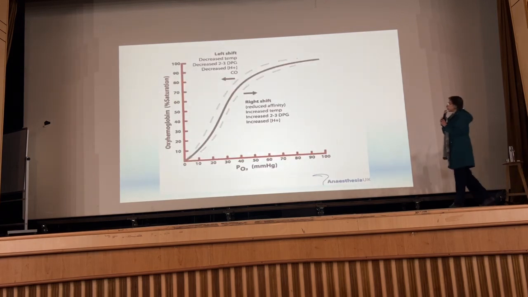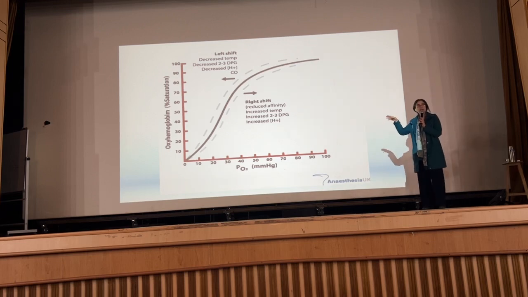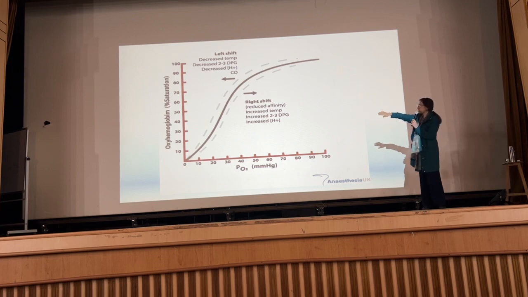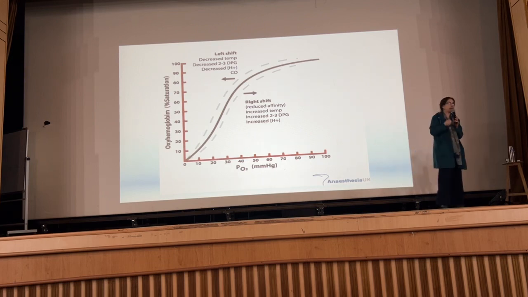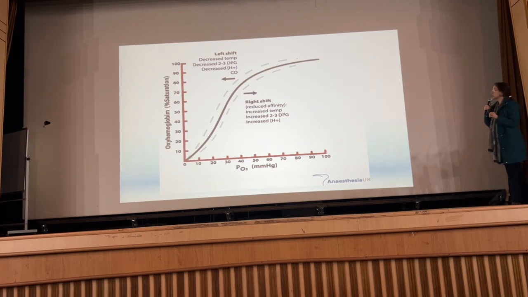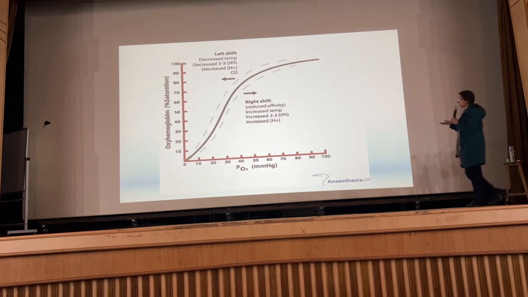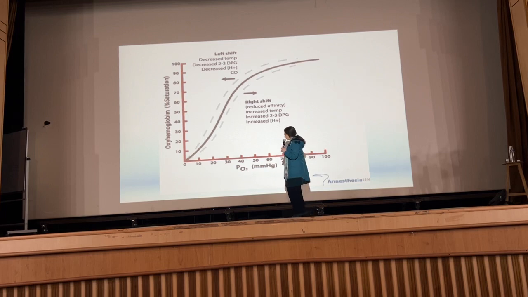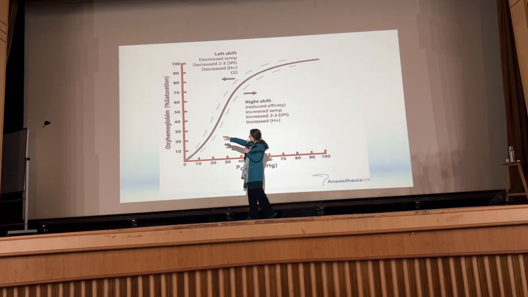This graph here shows the effect of all the factors, and with them temperature as well, on the release and the binding of hemoglobin to oxygen. Again, we have PO2 pressure measured in this unit, and we have the oxyhemoglobin, so again saturation. So it's the same graph.